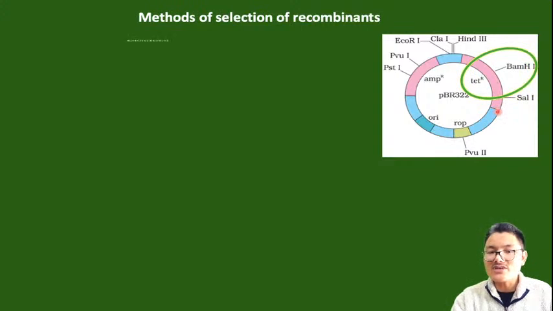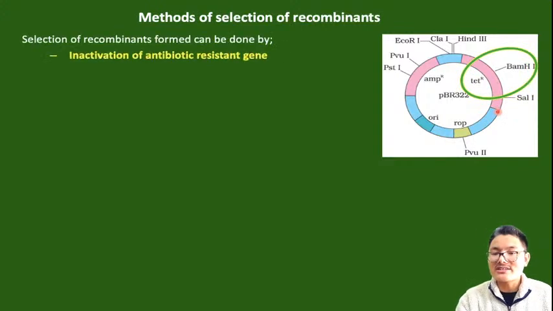This happens due to cutting and insertion of a new alien gene, the desired gene or gene of interest, in between the recognition site of BamHI. Now this gene will not be active.